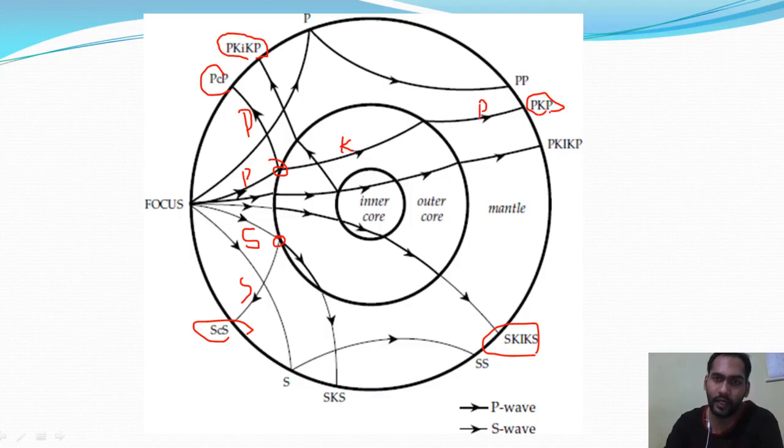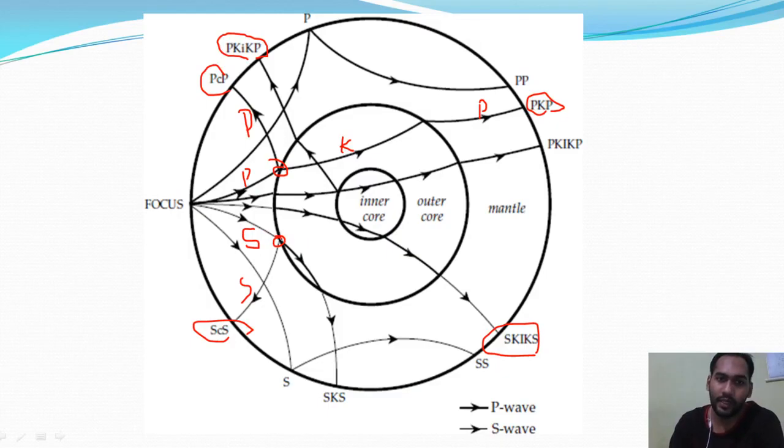So from the name PKP, we can know that it traveled through the mantle, then the outer core, and then the mantle as a P wave.